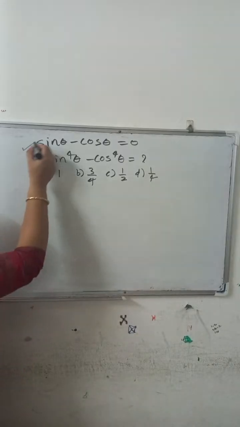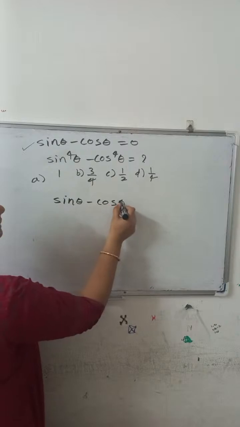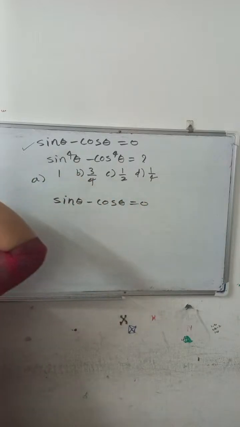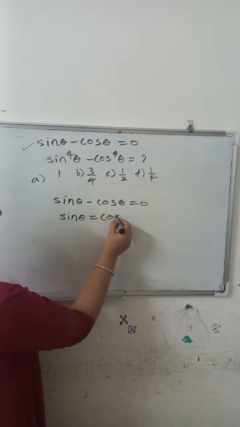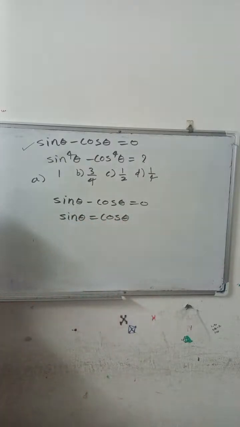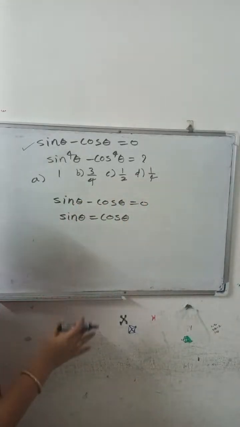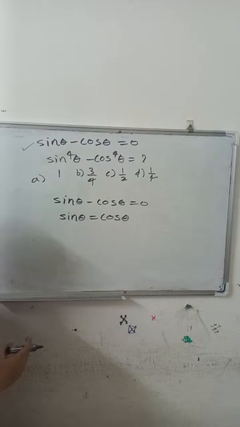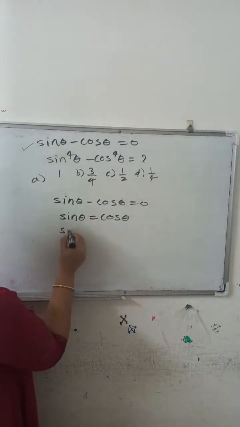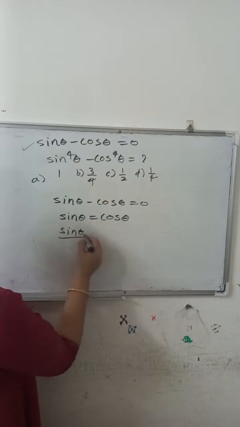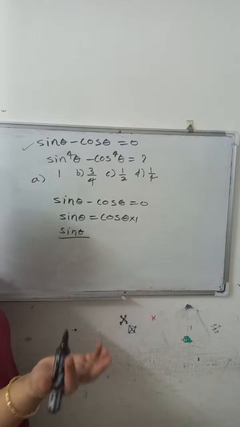The given information is only sin theta minus cos theta is equal to 0. That means we can write sin theta is equal to cos theta, because as it is 0, I transpose it to that side, so it will become positive. So sin theta is equal to cos theta. Once you get cos theta, then can I write the same thing? I transpose this, it is multiplied with 1 only. If nothing is there, the multiple is 1.